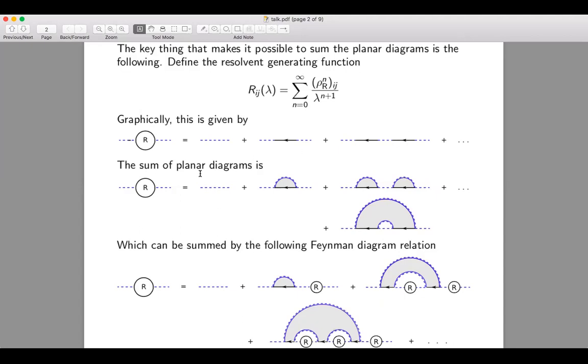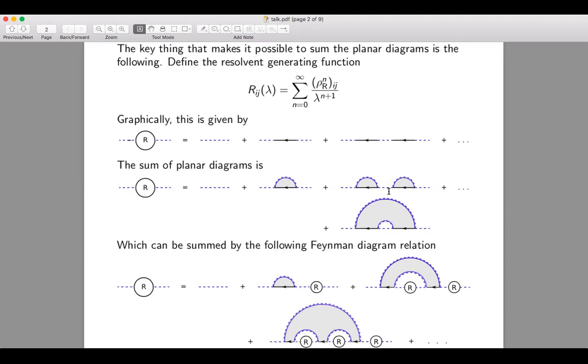So for the sum of planar diagrams for this resolvent, we can fill these boundary conditions in different ways. For the first one, there's really only one way of filling it in. But for the second term here with two asymptotic boundaries, we can either have a disconnected geometry or a connected one.